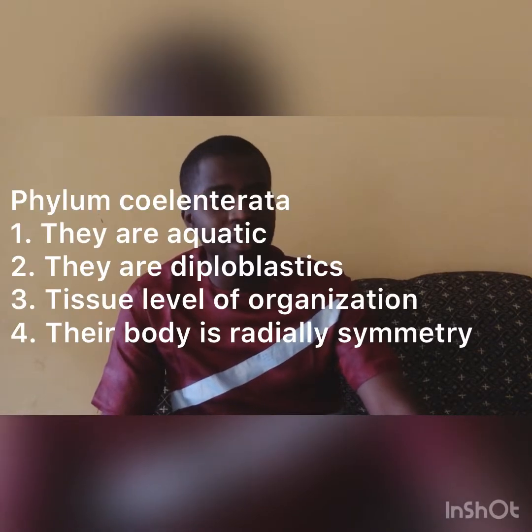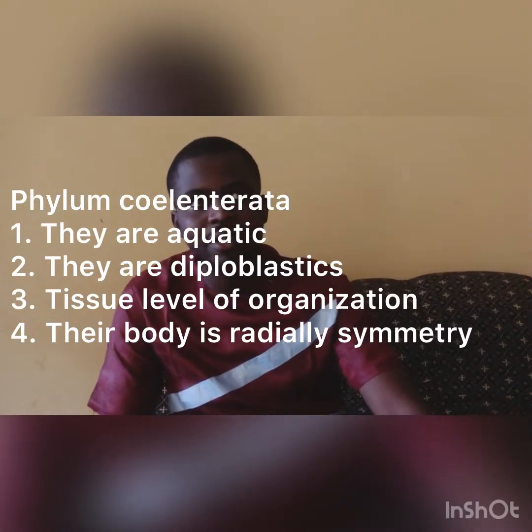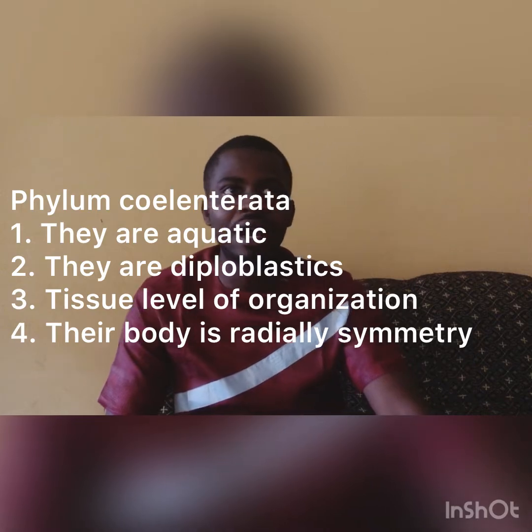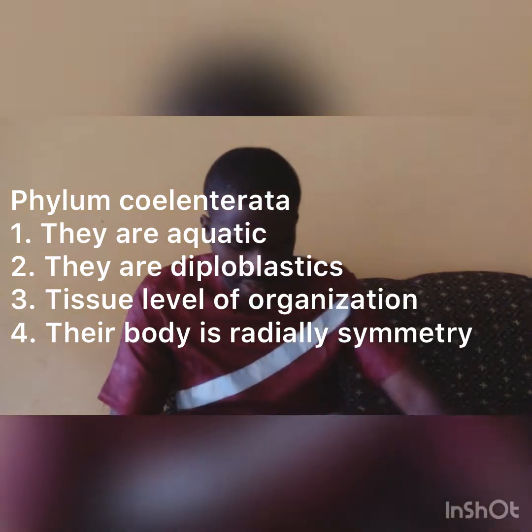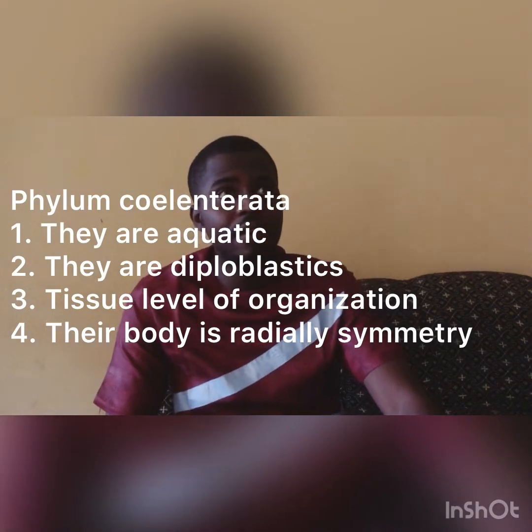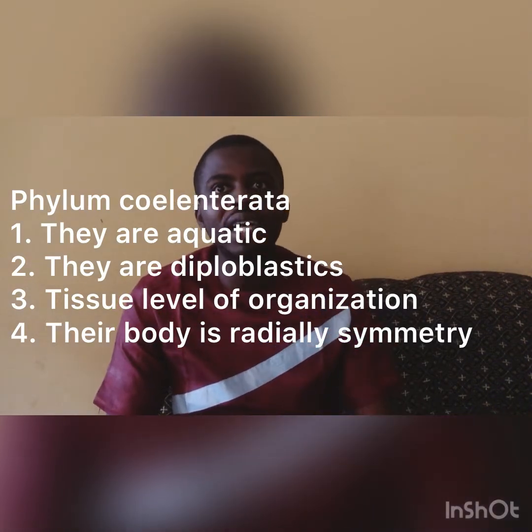So the first phylum now, that's the phylum Coelenterata. One thing about Coelenterata is that they are aquatic. That's number 1 thing, they are aquatic. That means they live inside water. Then the second thing about this phylum is that they are diploblastic.